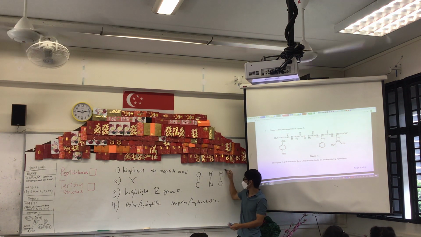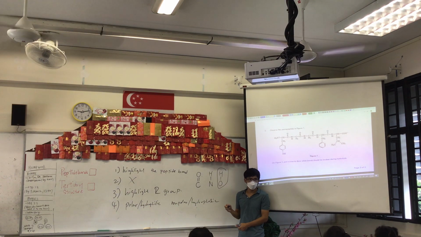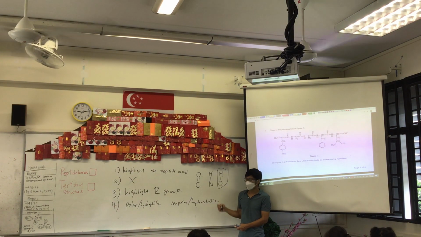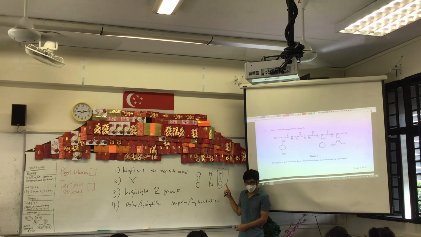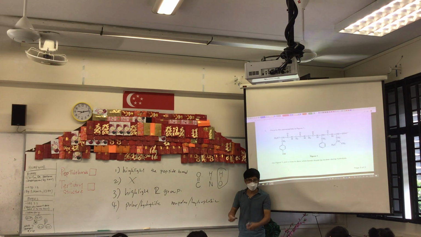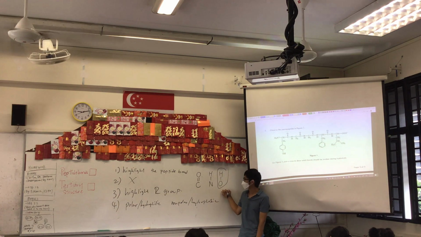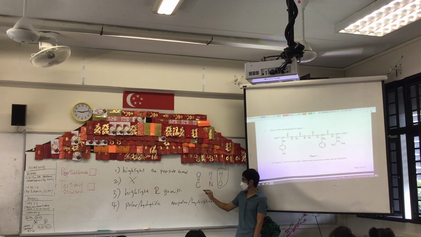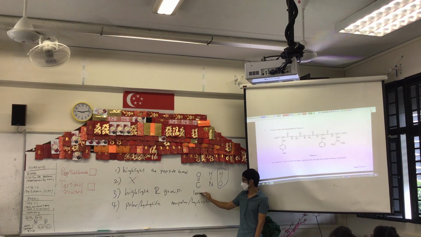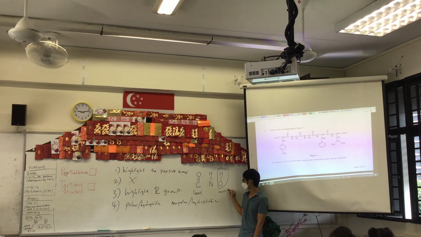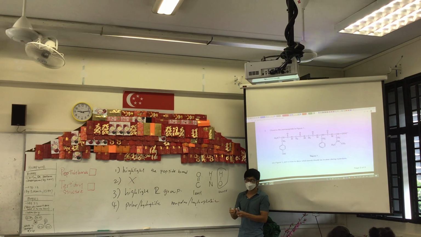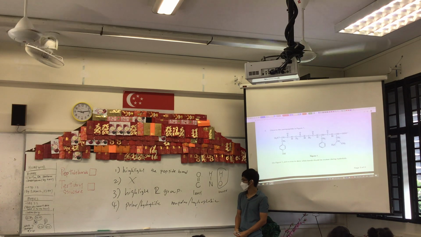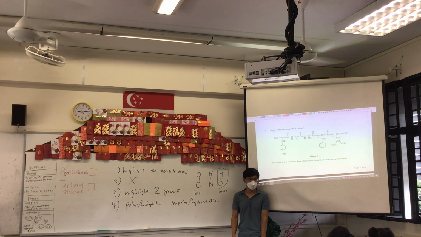This one is the most polar. So if you see this, you will take it that whatever you're looking at is hydrophilic. It's very polar. If I have to put it on a scale, this one is the least, then this should be the most.